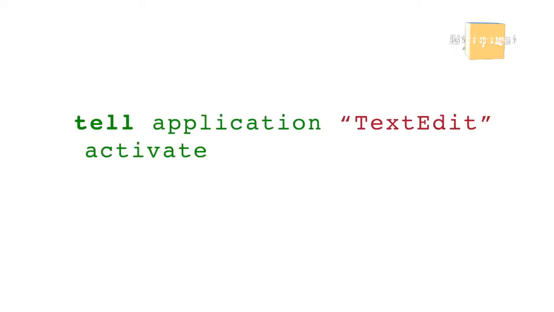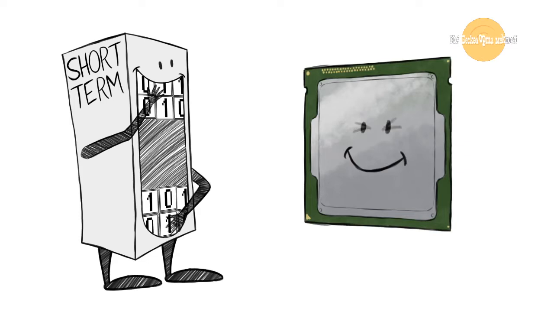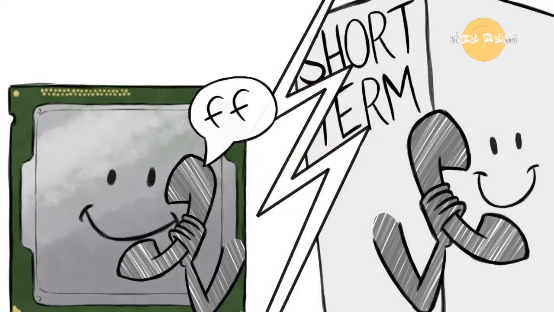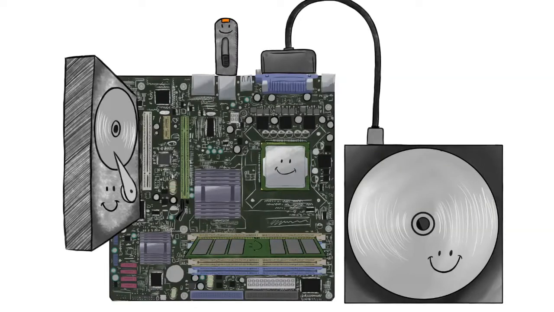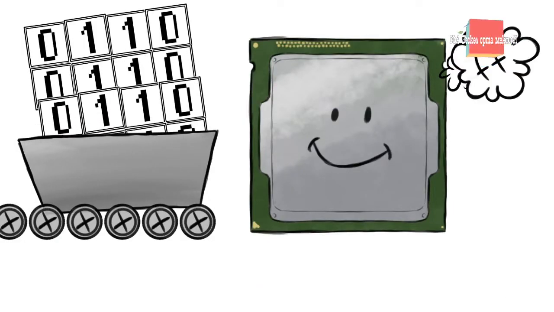When you run a program, your operating system allocates area within the short-term memory for performing those instructions. For example, when you press a key in a word processor, the CPU will access one of these locations to retrieve bits of data. It could also modify them or create new ones.